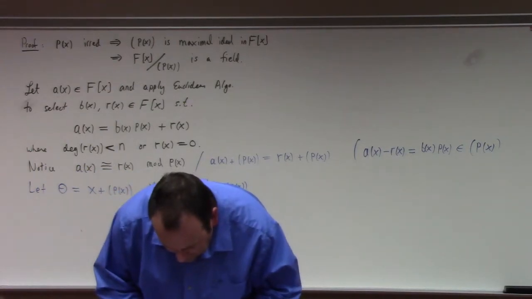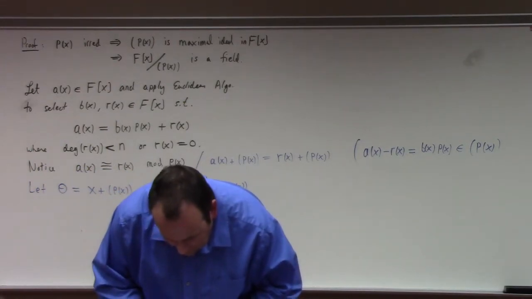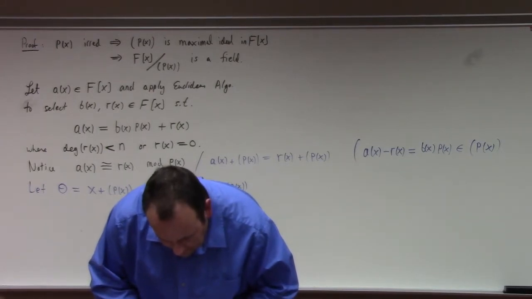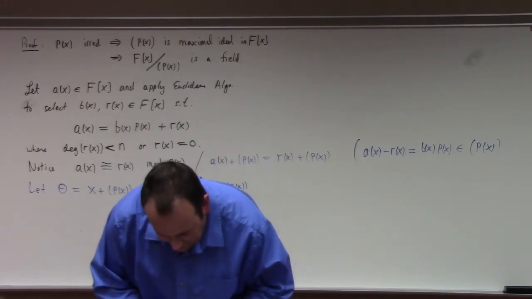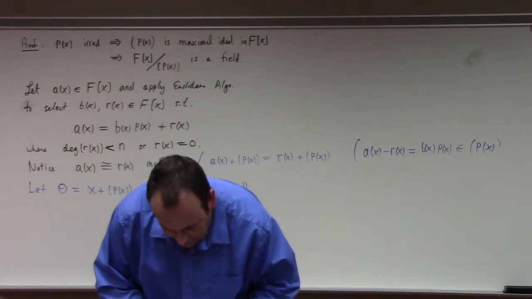He says, so we've already shown that every residue class in F[x] mod p(x) is represented by a polynomial of degree less than n.